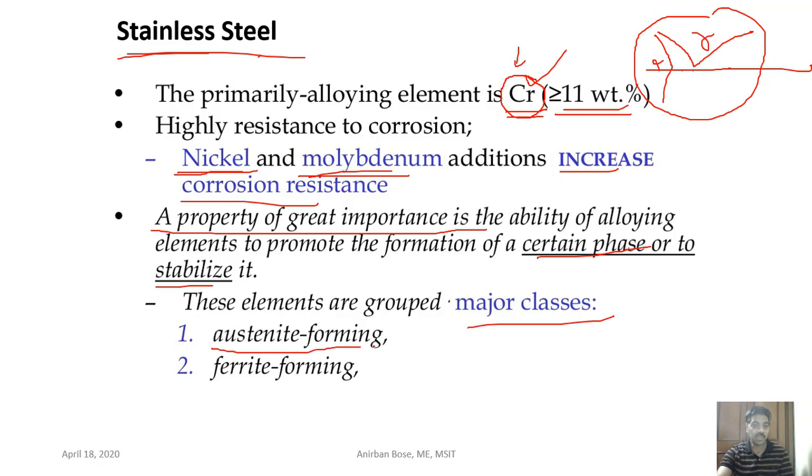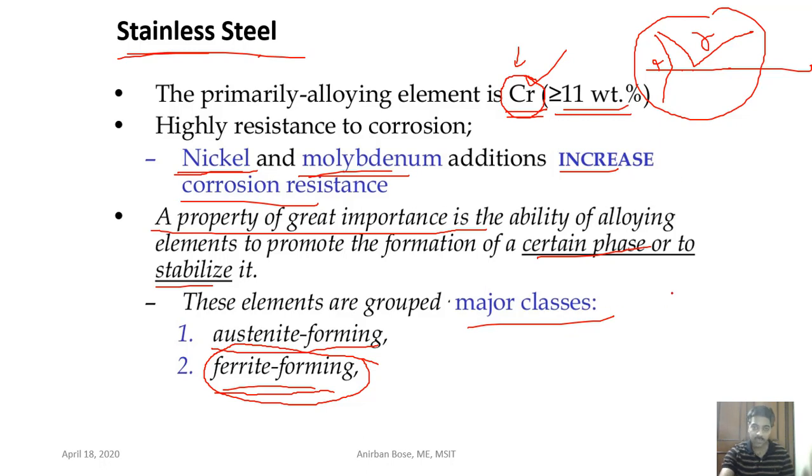Some of the elements are there which expand the austenitic region to a huge range, or some of the alloying elements are there which expand the ferrite forming region. So if those alloying elements are present, the final structure will be dictated by those, whether it is ferritic or austenitic stainless steel.